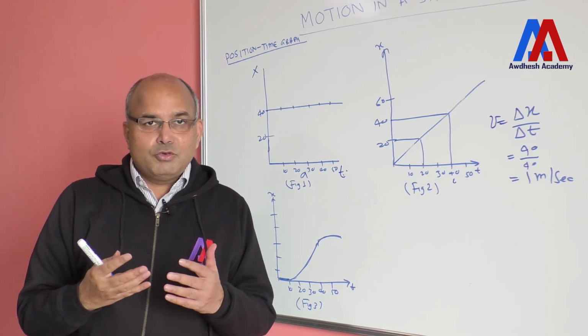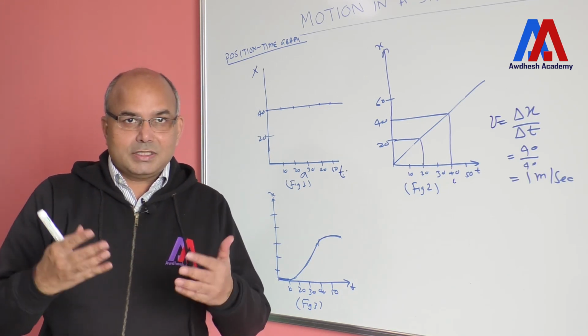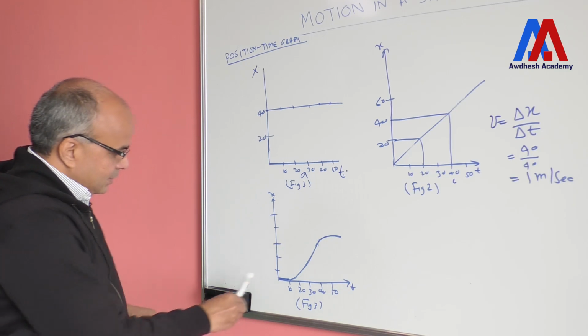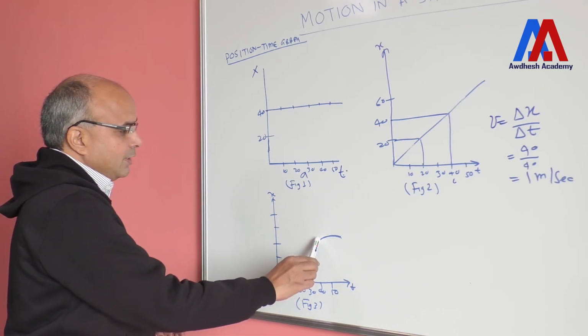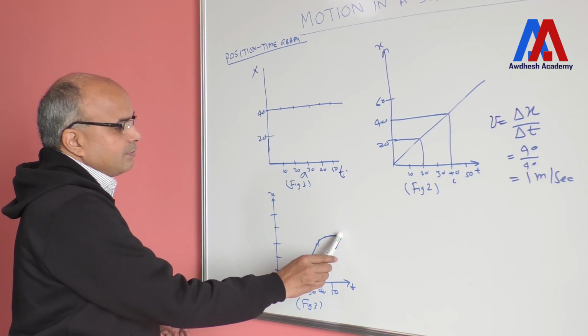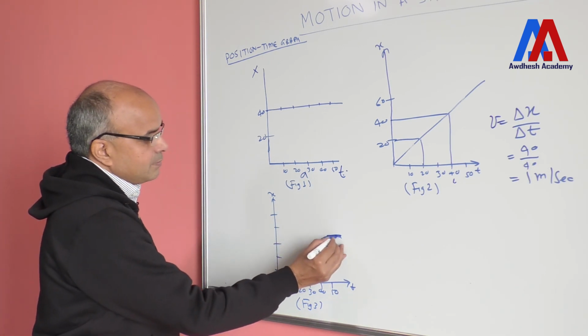This is typically the movement of a car. When the car has not started, it is stationary, and this is the portion before the car has started. Then this is the portion where the car has moved, and again this is the portion when the car has stopped, because here again it has become horizontal.